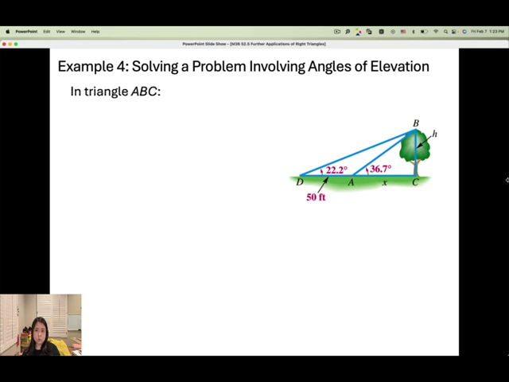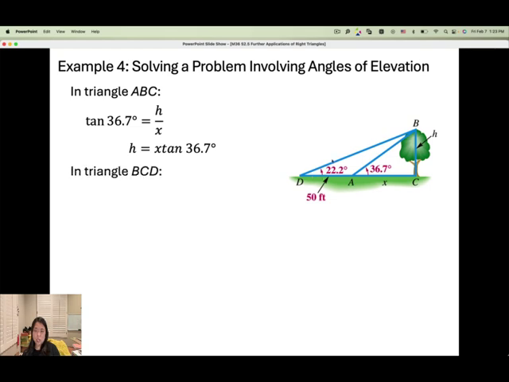First, consider triangle ABC. We have tangent 36.7 degrees equal to opposite over adjacent, so h over x. So h, which is what we're looking for, equals x times tangent 36.7. Now we want to consider the triangle DBC.